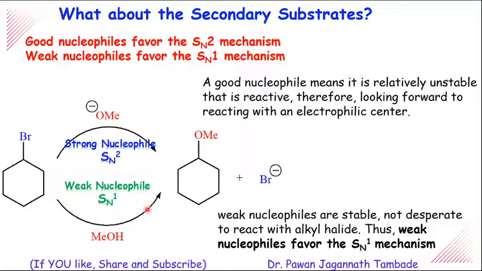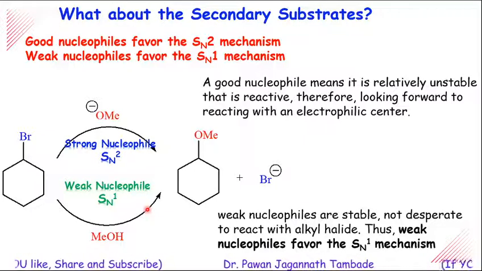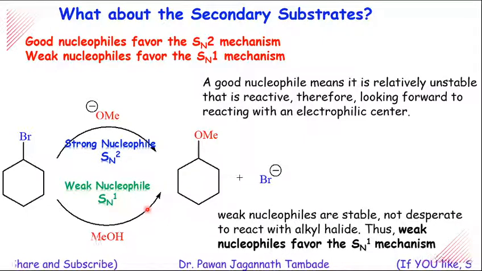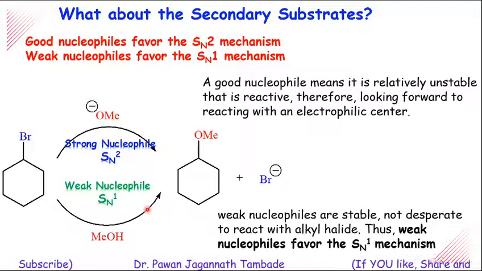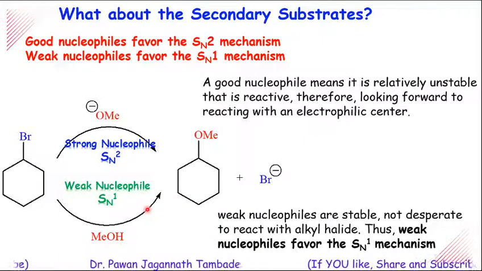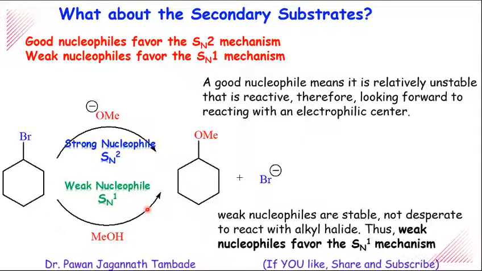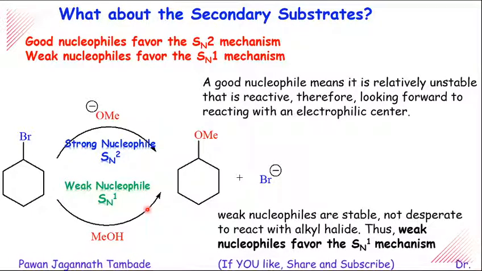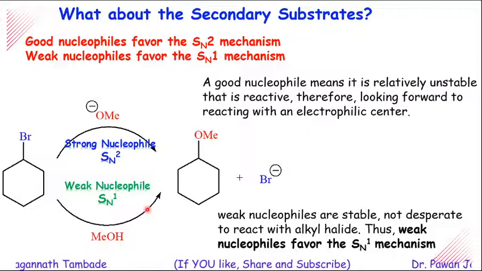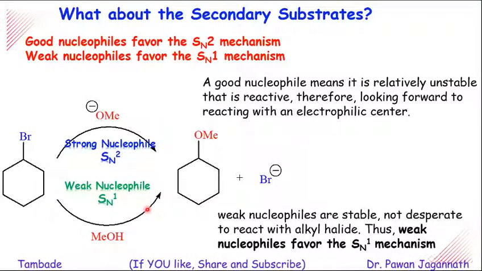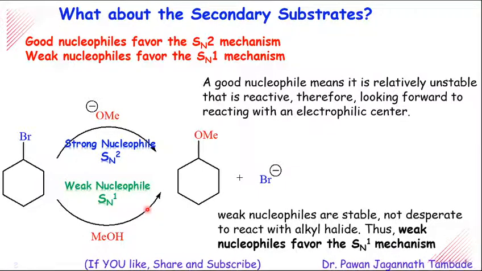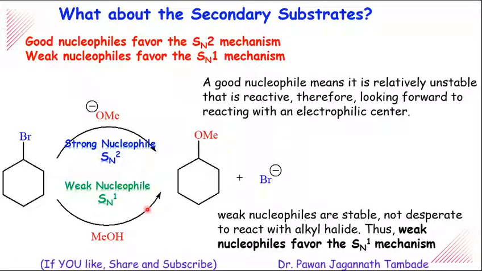If nucleophile is strong and substrate is secondary, then it will undergo SN2 type of reaction, and if nucleophile is weak and substrate is secondary, then it will undergo nucleophilic substitution through SN1 path, that is via formation of carbocation intermediate.